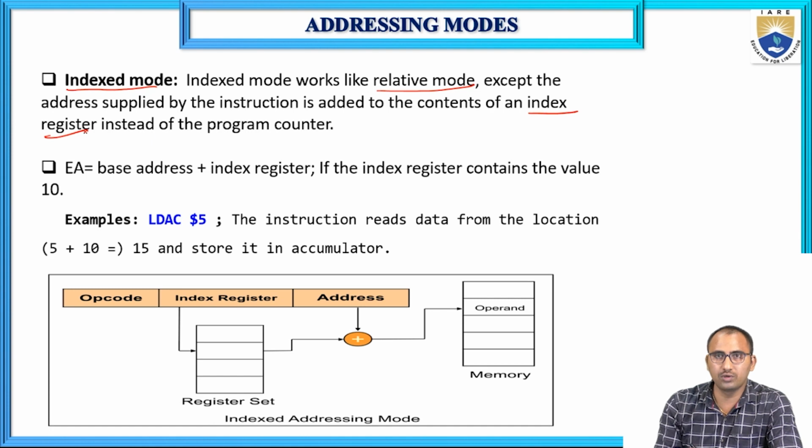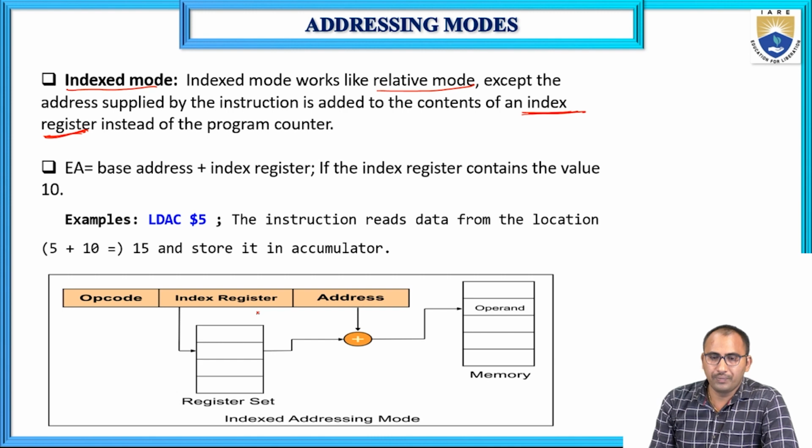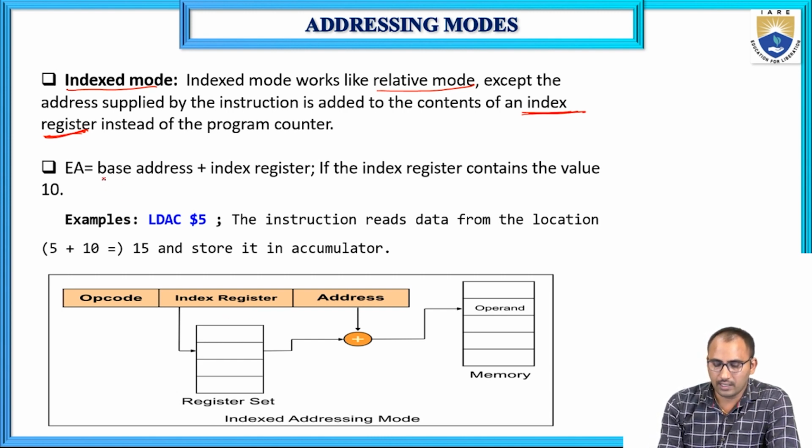Previously we used a program counter, but in this index addressing mode we are using an index register instead. So the effective address is calculated using the base address and the index register.